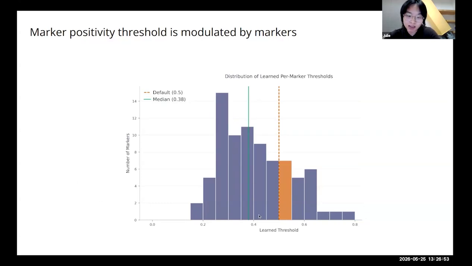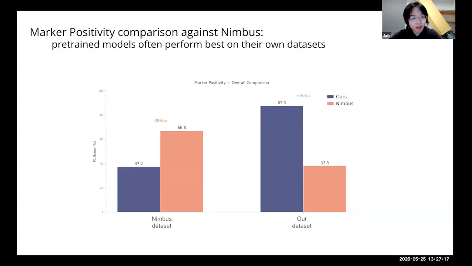The majority of markers are around 0.5-ish, but some need a really high threshold and some need a really low threshold. That comes from the variability of the marker stain. Some are just darker and some are just dimmer, and the model is able to adapt to that.